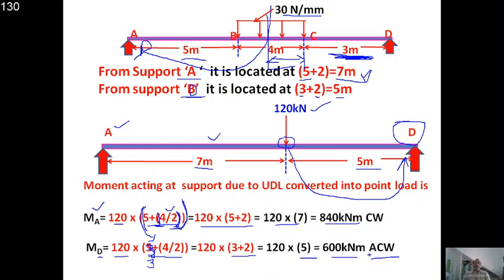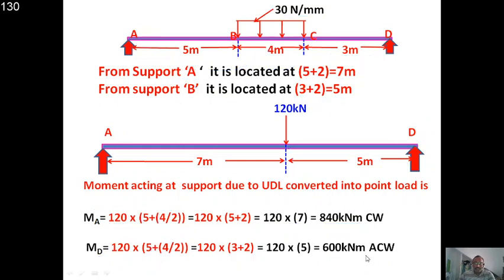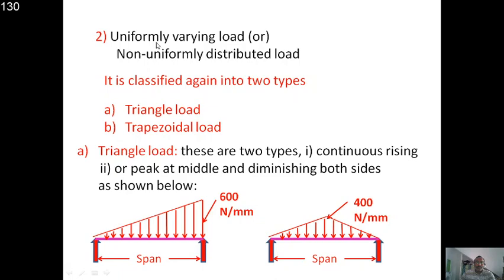So this is how the UDL is to be converted into a point load, and after conversion of the point load, if anybody asks about the moments, then you can also calculate in this way. Right, uniformly varying load, right. So I think we will cover this in the later sessions.